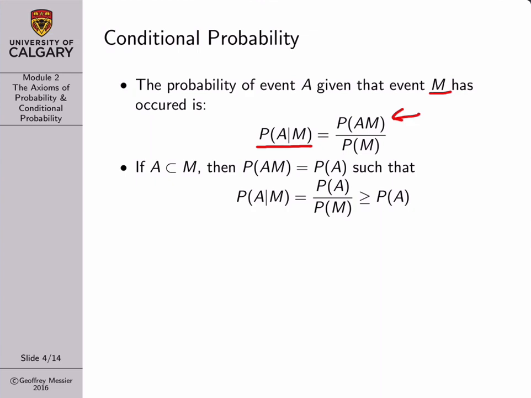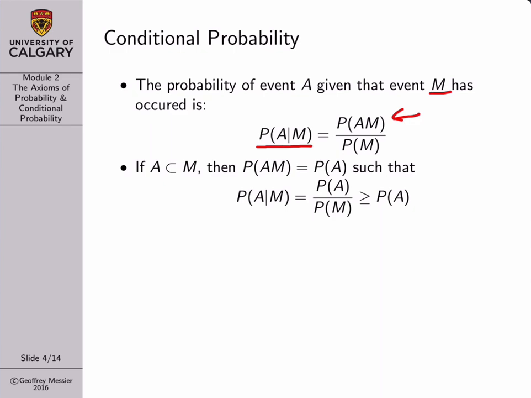by itself. So again, the practical meaning of this is that we've got two possible random outcomes. A and M are both fundamentally random. However, somehow we've been able to observe M. So M has occurred, and so now we have this information. We have a little bit of information about our system.